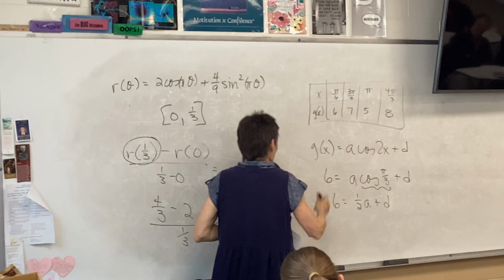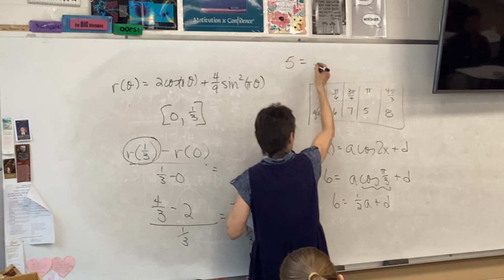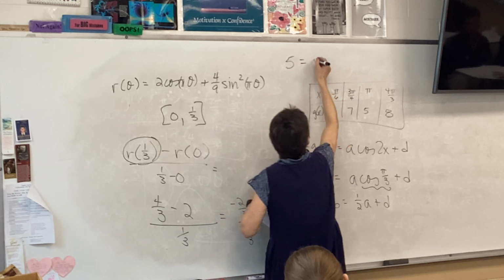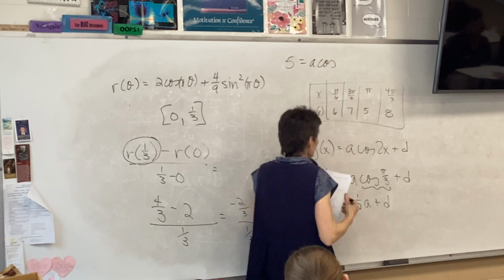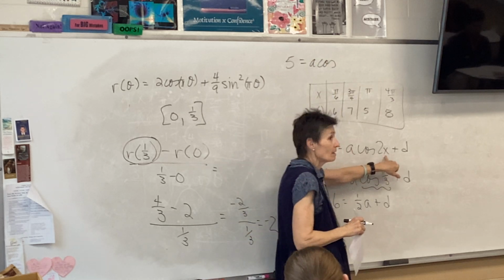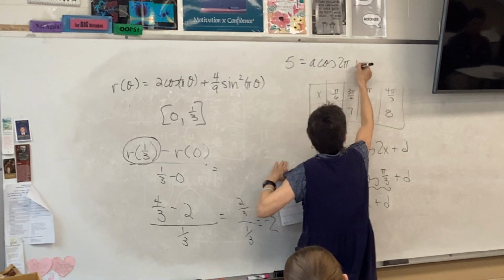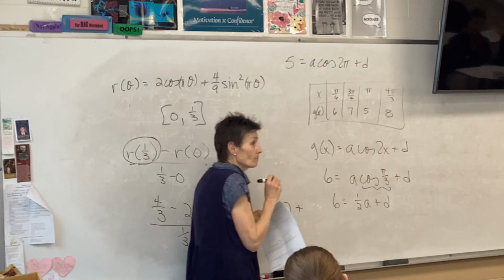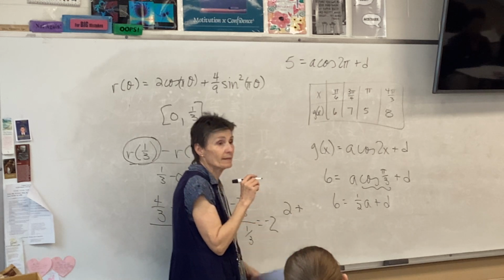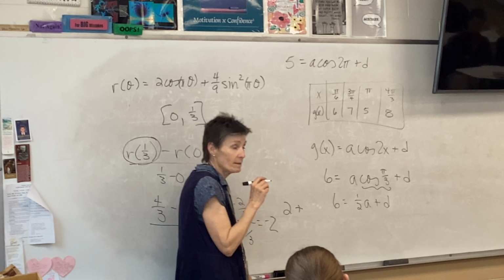So if we plug in that one, it says 5 equals a cosine. Now I'm plugging in pi, so it's going to be 2 pi plus d. What's the cosine of 2 pi? 1.